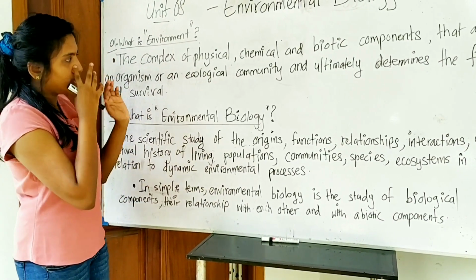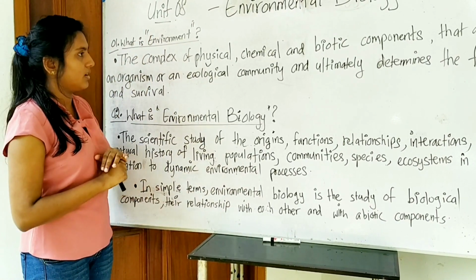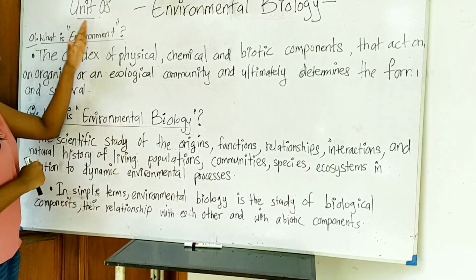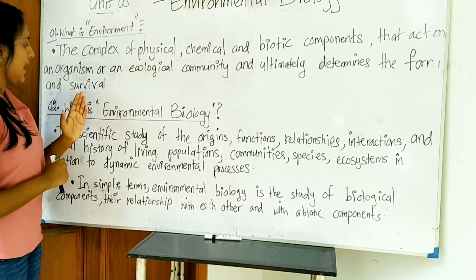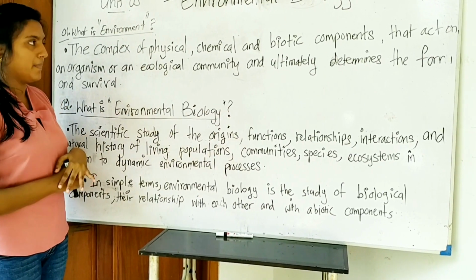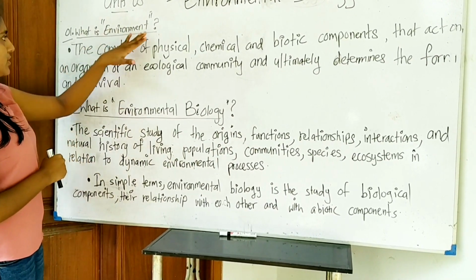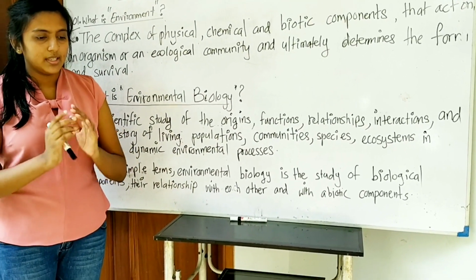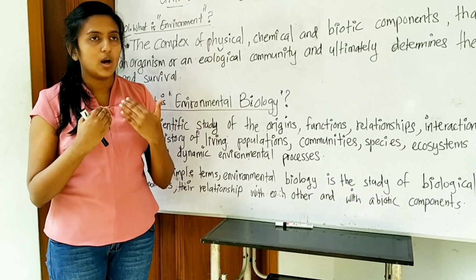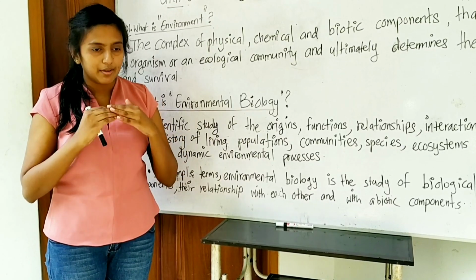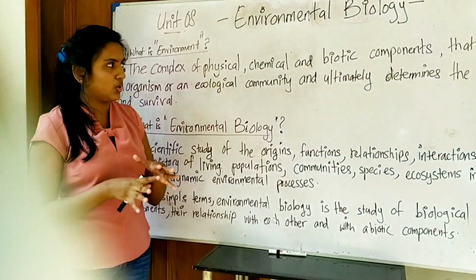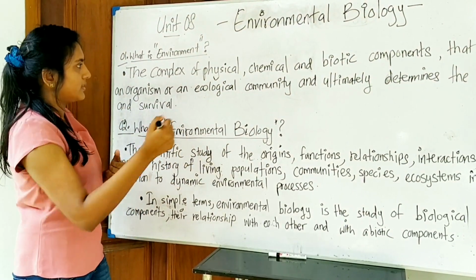At the very beginning of the lesson, there are two definitions: the definition for environment and the definition for environmental biology. If we consider what the environment is, it is everything that surrounds an individual and how the individual interacts with it.